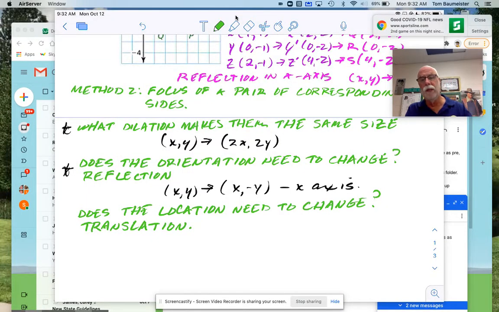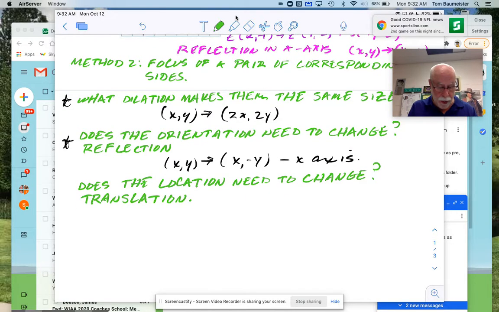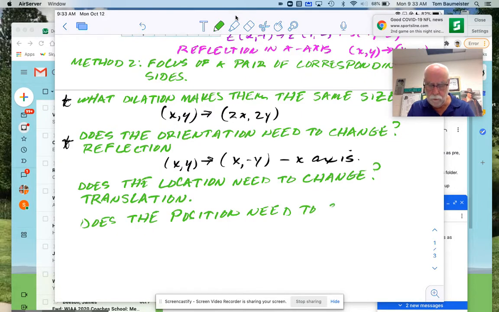Okay, and that would be moving the x and the y, like x maps to x plus 6, y maps to y minus 4, that kind of thing. All right, and then the last one is, does the position need to change?